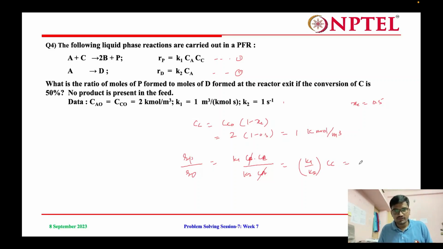Here K1 and K2 are given, and C_C is calculated as 1. So P and D will be in equimolar ratio at the reactor exit, right.